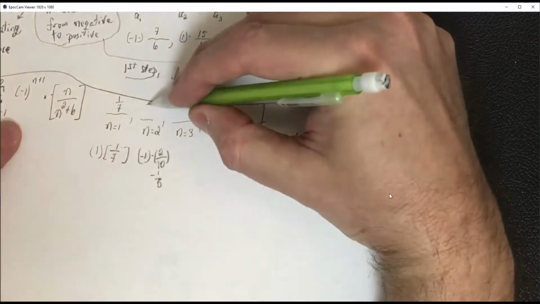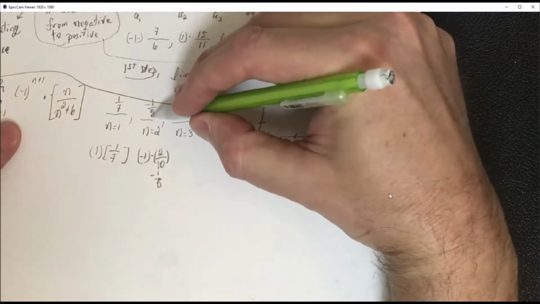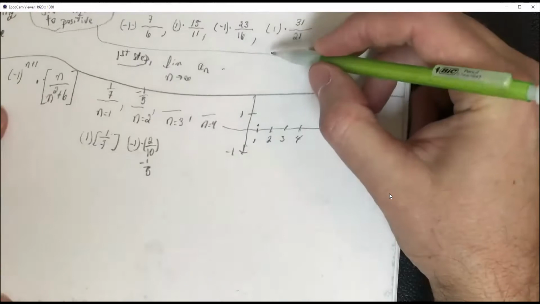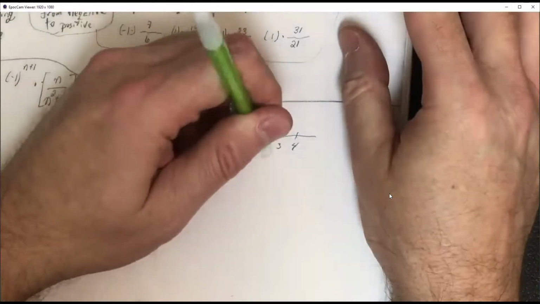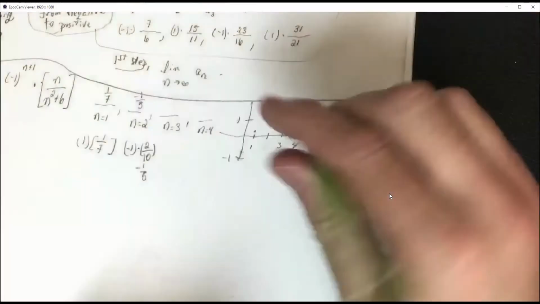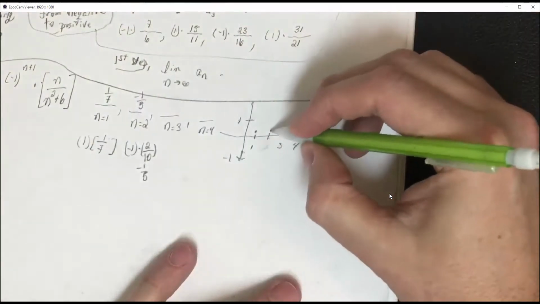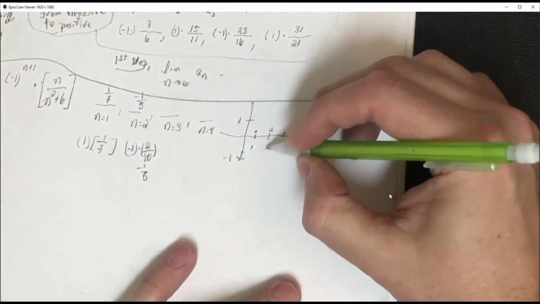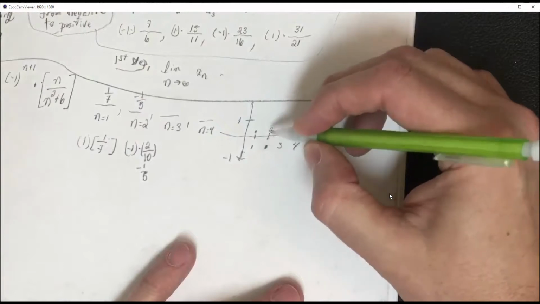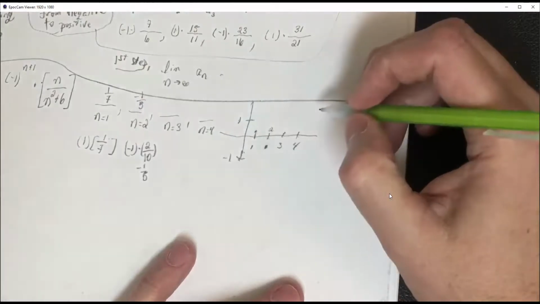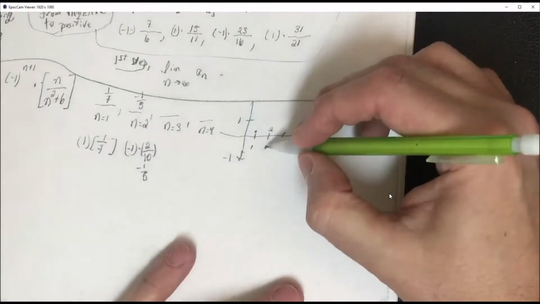So this is -1/5, which is actually a little further away from 0 than the first one was. So right now it's kind of going the wrong way.